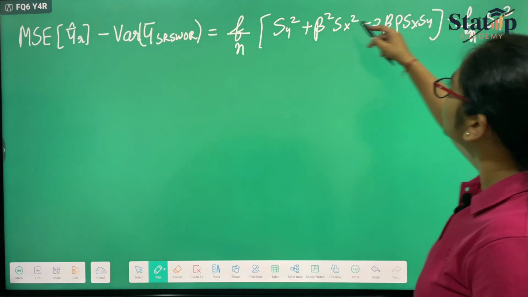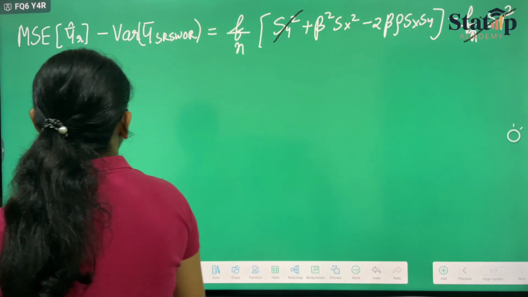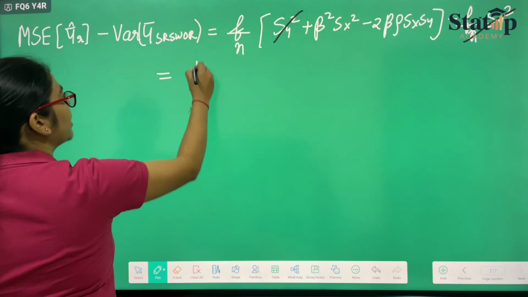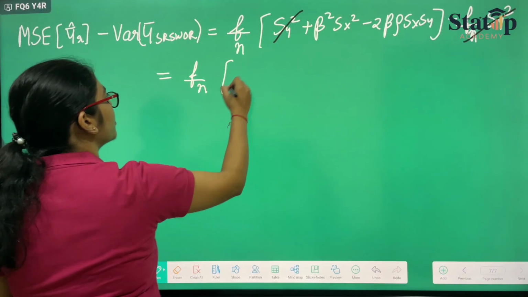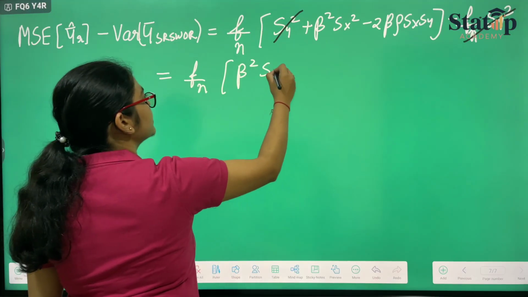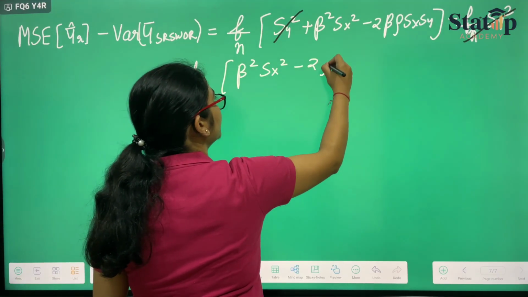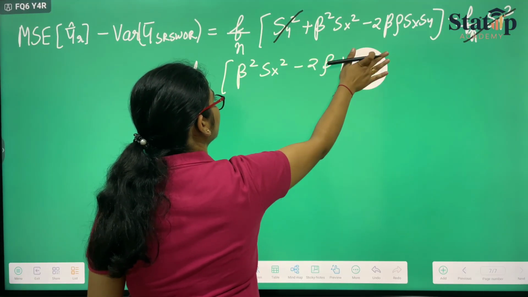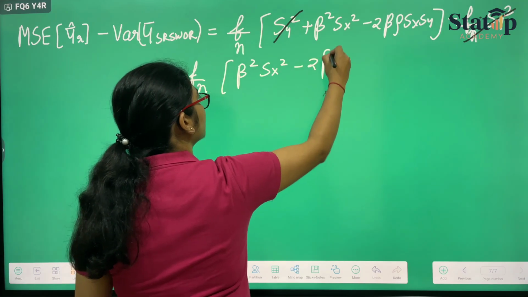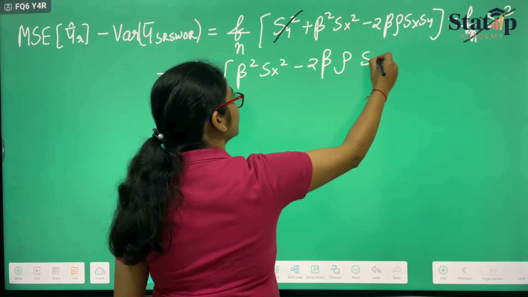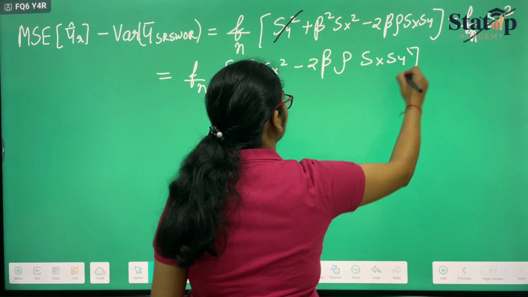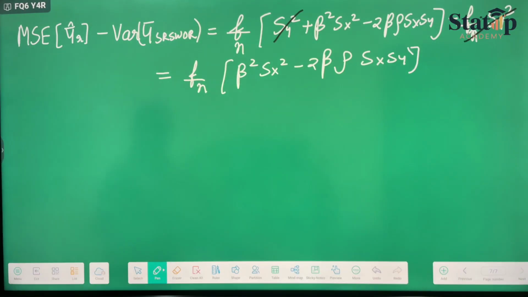So this whole term and this term will get cancelled and we are left with f by n into beta square Sx square minus 2 beta rho Sx Sy. Now there arise two cases.